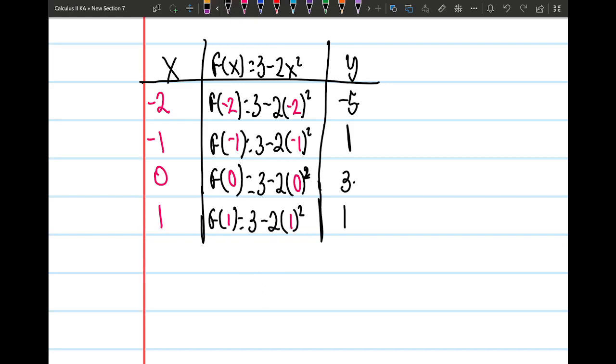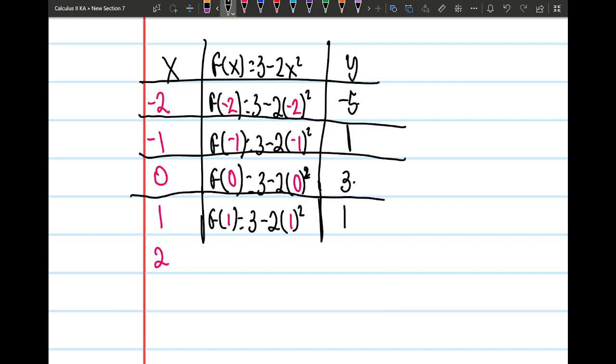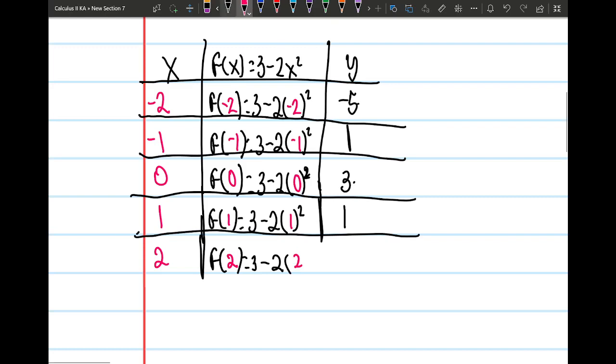And then when x equals 2, f of 2 is equal to 3 minus 2 times 2 squared. This becomes 3 minus 2 times 4, which is 3 minus 8, which again is -5.